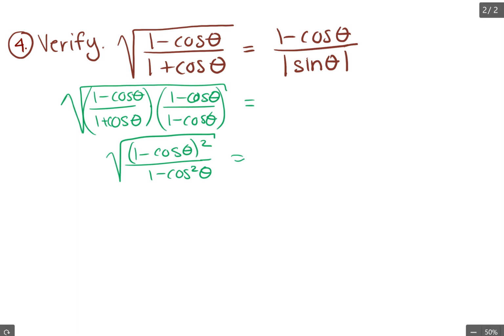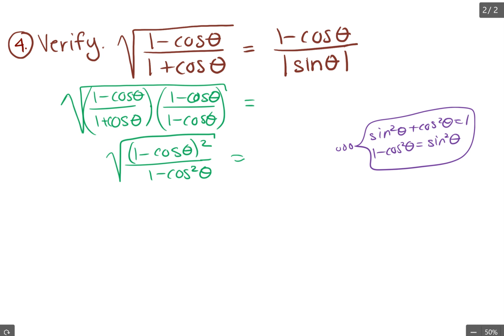Sine squared theta plus cosine squared theta equals 1. So 1 minus cosine squared theta is equal to sine squared theta. So that's what I'm going to use there, and resubstitute 1 minus cosine squared as sine squared. Not 1 minus cosine quantity squared, but my denominator is now sine squared.